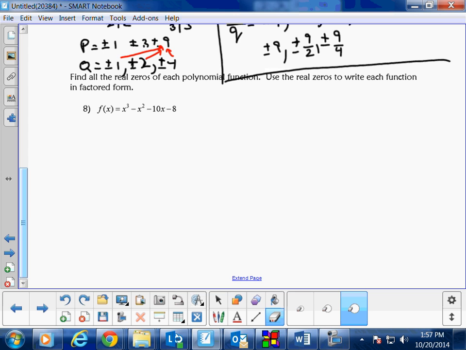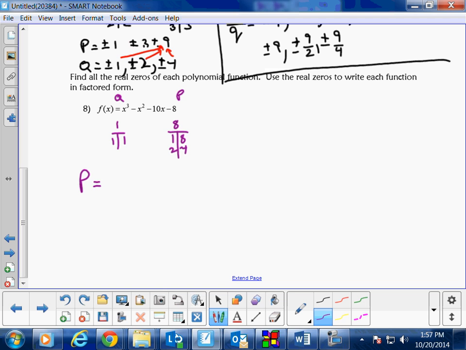But at the same time, what it's also going to do, we're going to, let's see, this is P, this is Q. So we'll have 8, so factors of 8: 1, 8, 2, 4. That's it. Q's, 1. 1 and 1, which means that the nice thing about this when we have a P and a Q like that is that you got plus or minus 1, plus or minus 2, plus or minus 4, and plus or minus 8.